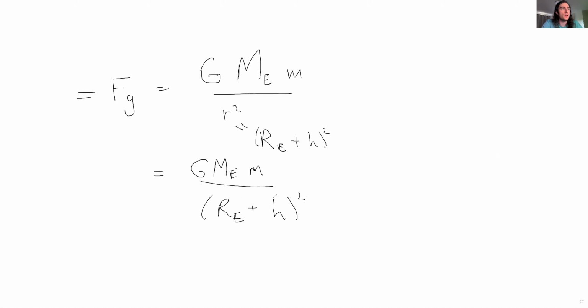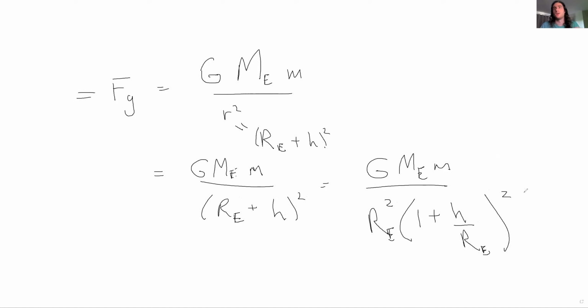So in other words, divide h by the radius of the Earth. You factor it out. We have G M_E m over the radius of the Earth squared times 1 plus h over the radius of the Earth, quantity squared. Does that make sense right there?